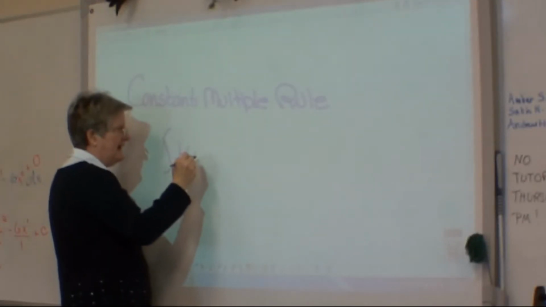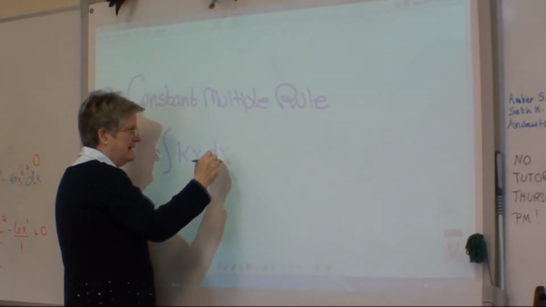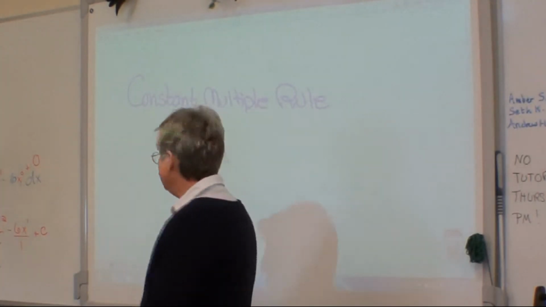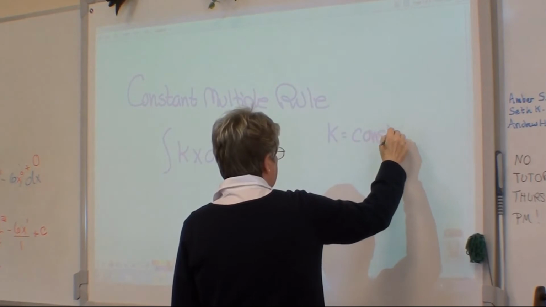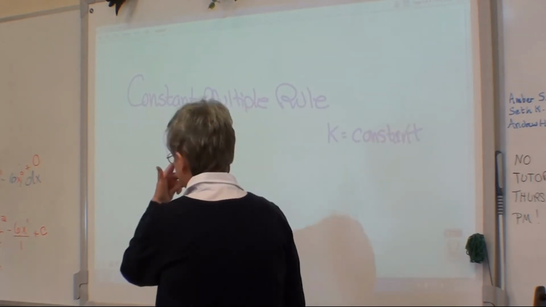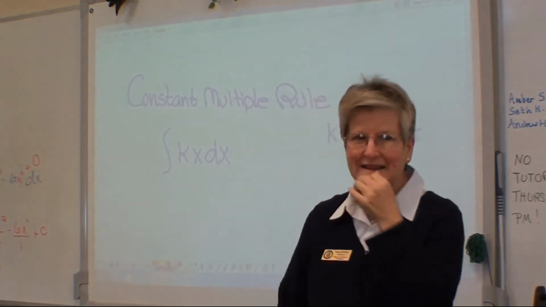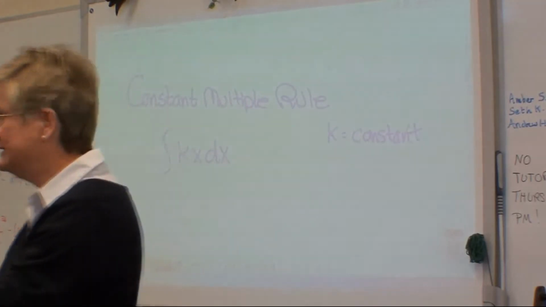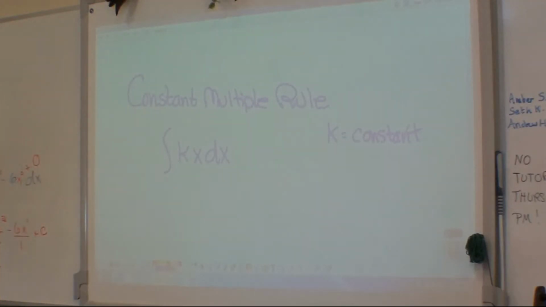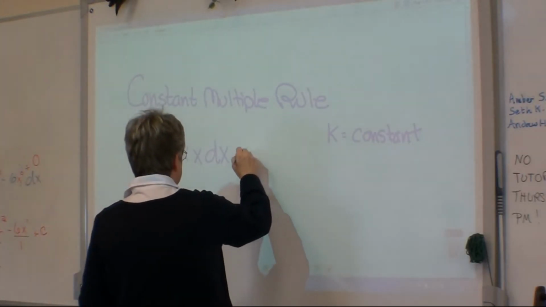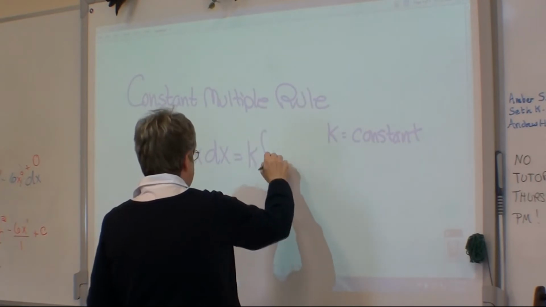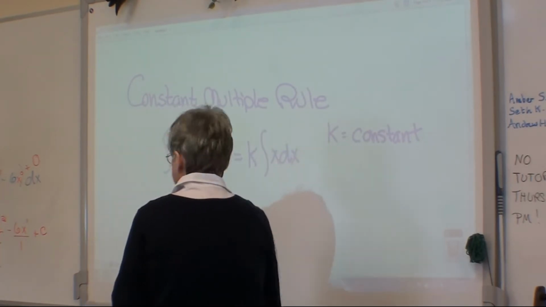If I've got k x dx, and that k stands for a constant. And the reason they don't put c in there for a constant is they don't want you to get confused with the c at the end. This is equal to k times the integral of x dx.